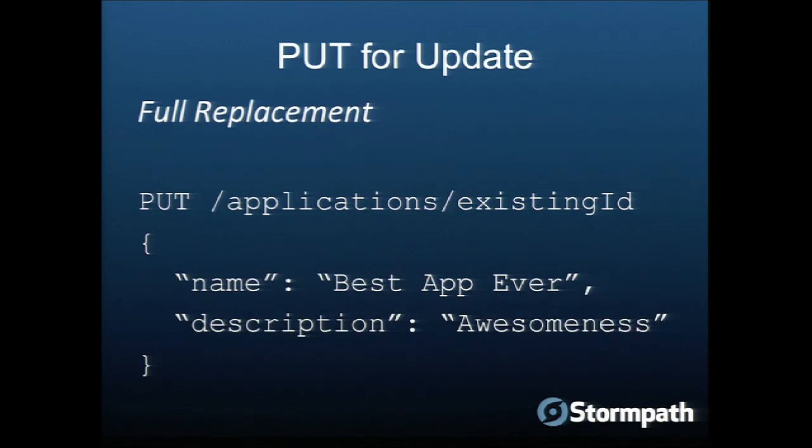And the reason why is that I can't put name on request 1 and then just description on request 2 and expect the server state to be identical after those 2 requests, right? It breaks the rule of idempotency. But if I put the entire representation in every single time that I execute that request, I can be assured that the server state will be the same. Really, really important. Put has to be idempotent, has to be the entire representation of the resource.